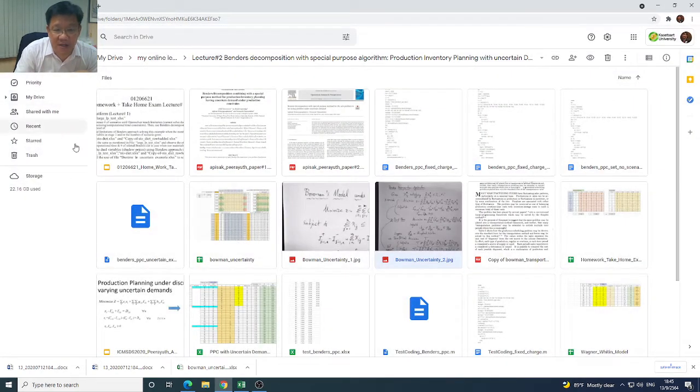You can find this in the file called Bowman uncertainty. The file starts where I show you the all zero element allocation in the very first iteration. So you can watch this clip again and again and repeat on this file, starting the behavior here. For this case of Bowman, I didn't do any Benders code for MATLAB.